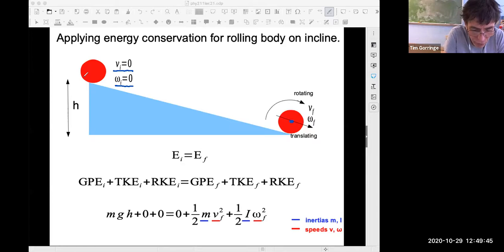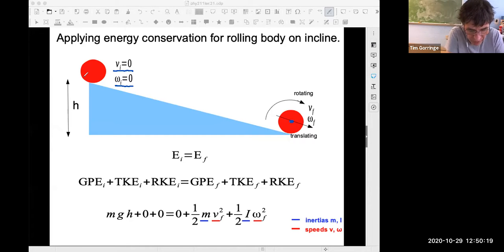What we're going to do is calculate that final speed at the bottom of the incline under the assumption it started from rest at the top of the incline. And we're going to do it by applying energy conservation ideas, understanding that in this problem there's both translational kinetic energy associated with the translational motion from left to right, and rotational kinetic energy associated with the rotating motion of the rigid body about its center.